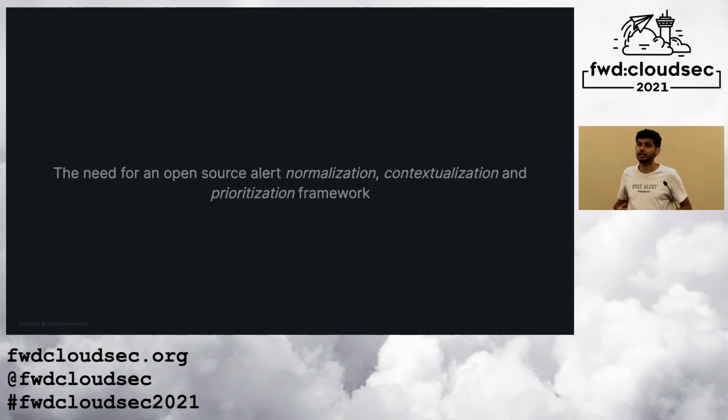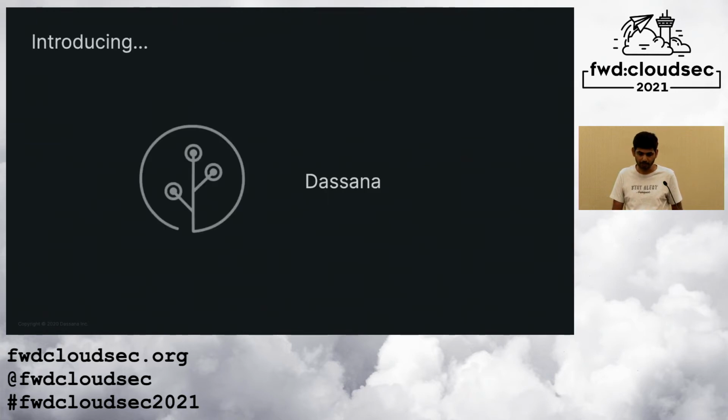So we created this tool called Dassana, okay? That's what Dassana does. You can send any supported alert, and Dassana will normalize it, add general context, resource context, and policy context, and you will be able to prioritize alerts based upon these contexts. Alert in, alert out, that's it.